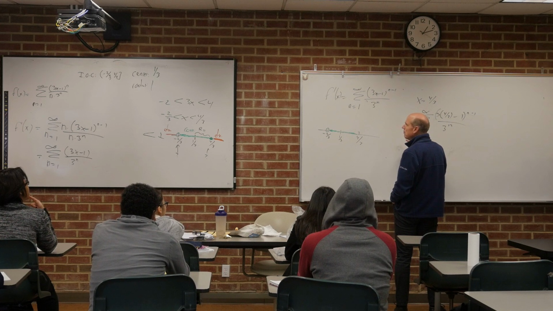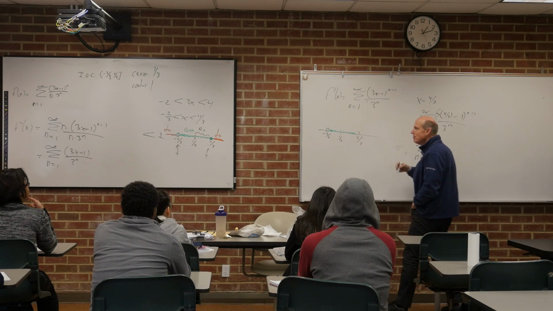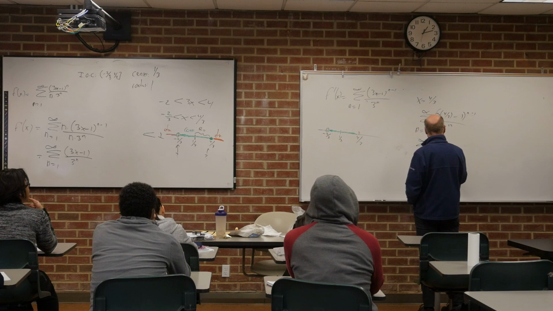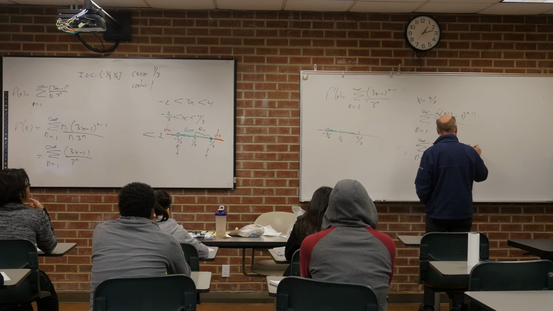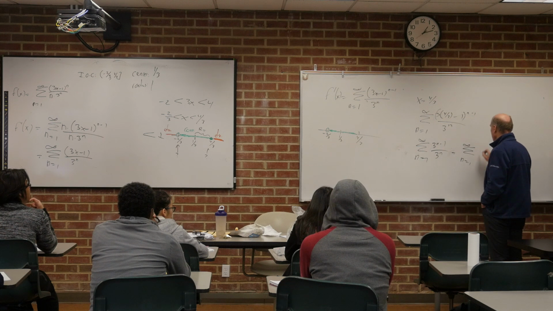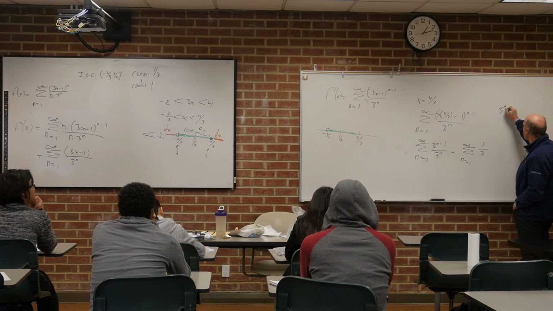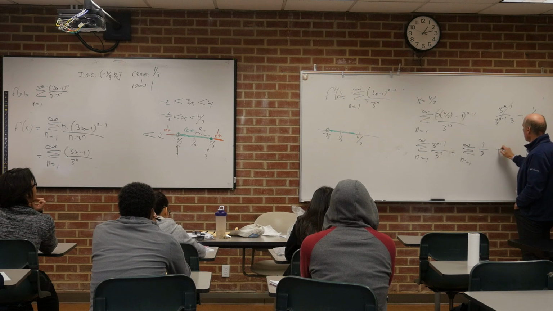Four-thirds converged last time. Is that right? Yeah. Okay. So this is 3 to the n minus 1 over 3 to the n. And this is just 1/3. The 3 to the n minus 1 times 3 on the bottom gives 1/3.